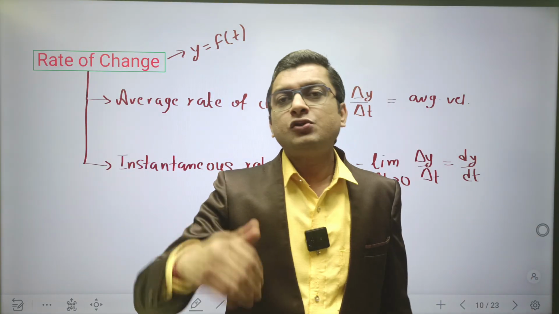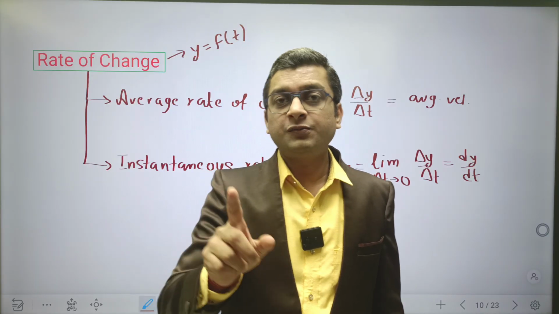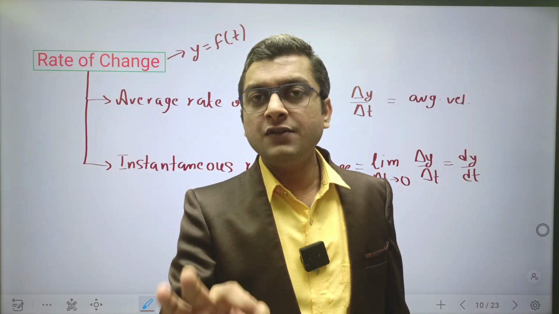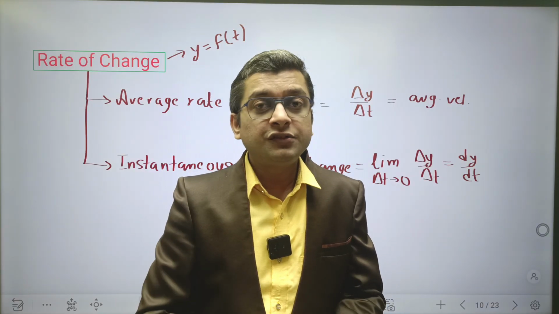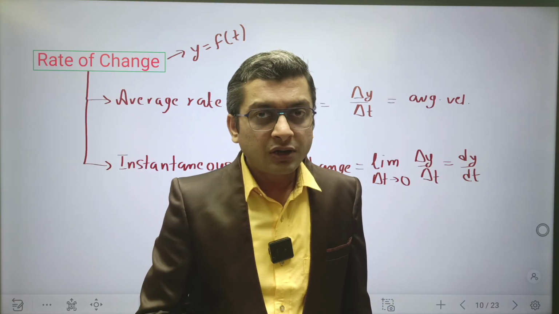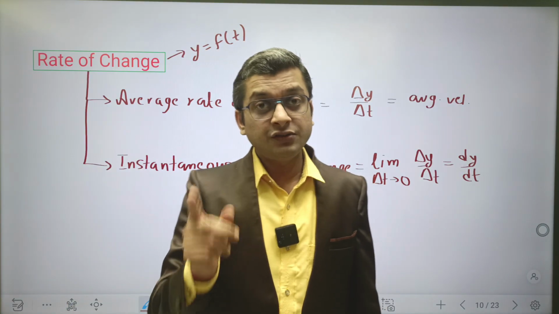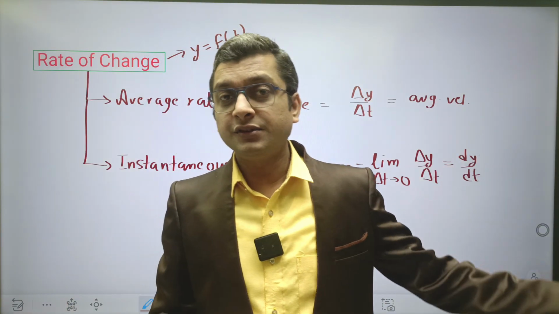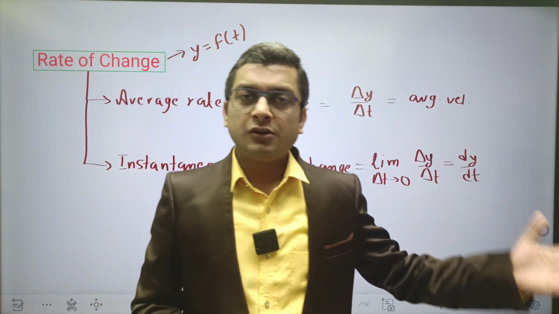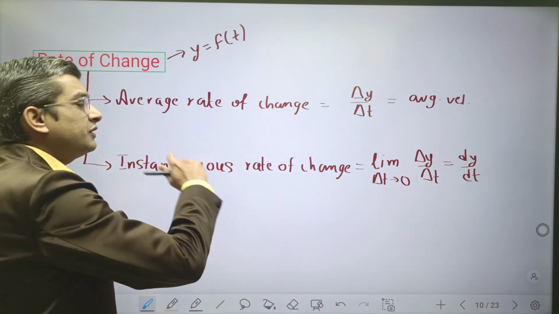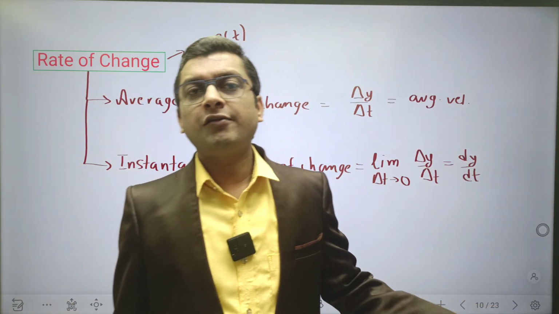Within that time interval of 10 minutes, the instantaneous speed is 80 km/h, and that instantaneous speed is equal to average speed, or you can say instantaneous velocity is equal to average velocity. But in case of changing speed, where you are accelerating, instantaneous velocity is not equal to average velocity.